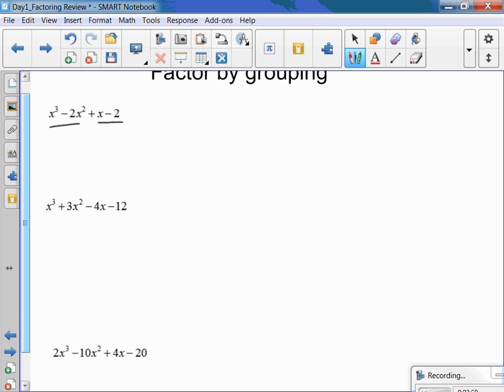So once I factor out the x squared, x squared times x gives me that x cubed. x squared times a negative 2, there's my negative 2x squared. Do I have anything to factor out of the next 2? Plus x minus 2, other than an understood 1. If you did the factor by grouping correctly, what should happen?